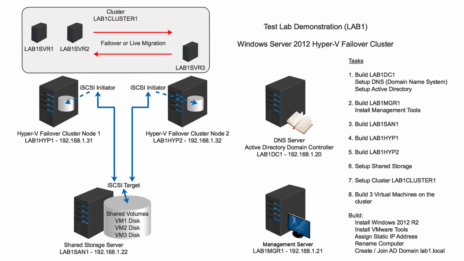We've set up DNS and Active Directory on Lab1 DC1. We've set up Lab1 MGR1 as our management server. And we've done a base build of Lab1 SAN1, Lab1 Hype1 and Lab1 Hype2. But there's further configuration we need to do for these 3 servers. The next task, the 6th task, is to set up the shared storage.